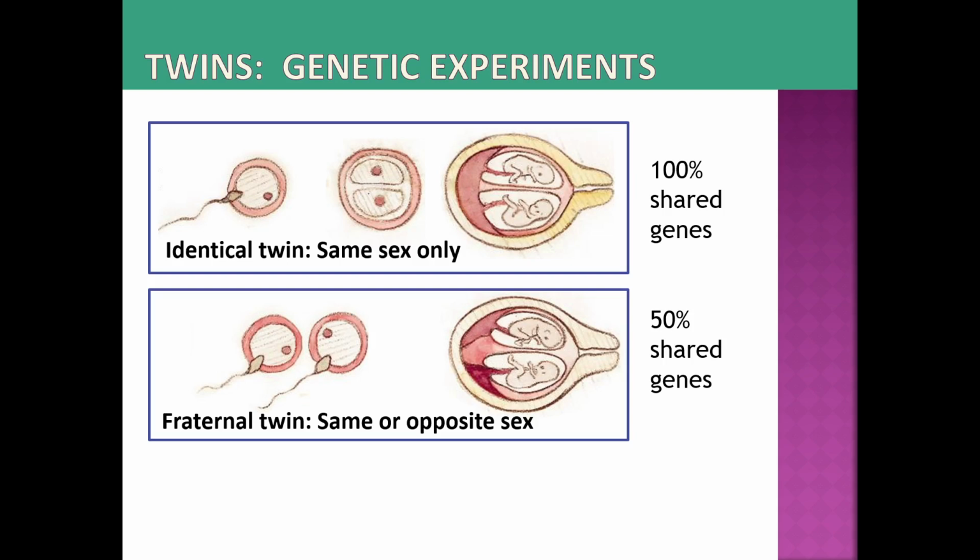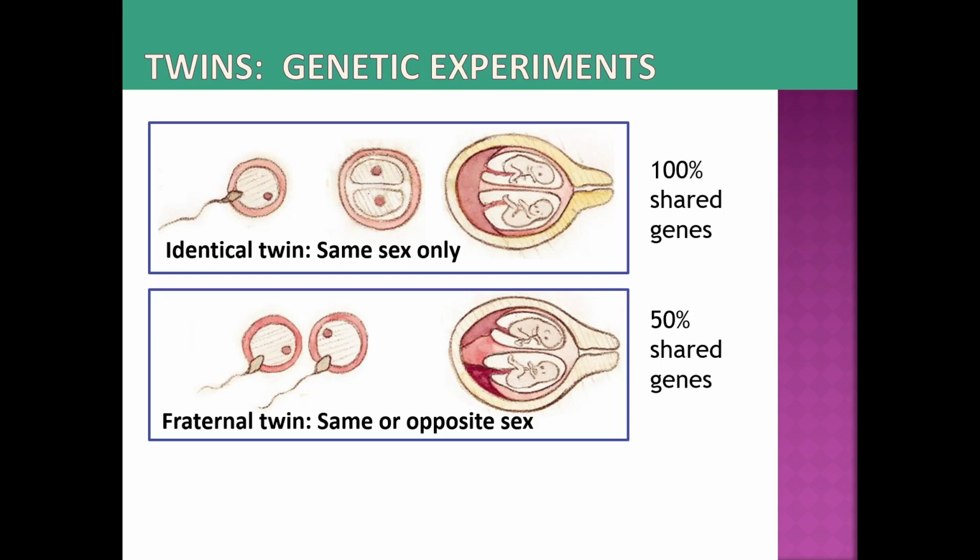So for fraternal twins, the prenatal environment is more similar than regular siblings because they're obviously in there at the same time. So they would be at the same time being affected by what mom eats and does and stressors that she's experienced and things like that. And then also, once they're born, the environment treats them more similarly than regular siblings would be treated.